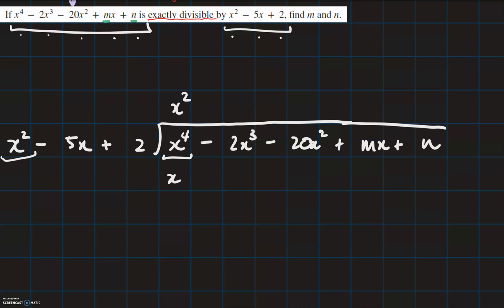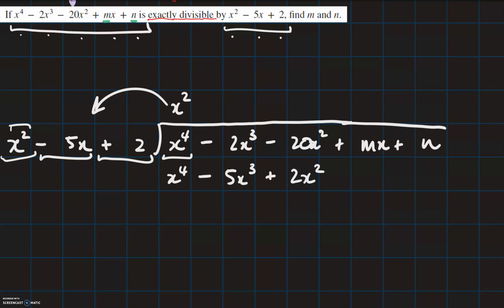So here I'm going to have x to the power 4. I'm going to multiply my x squared term into my divisor. x squared times x squared gives x to the power 4, minus 5x cubed when I multiply this negative 5x, plus 2x squared when I multiply this plus 2 by x squared.